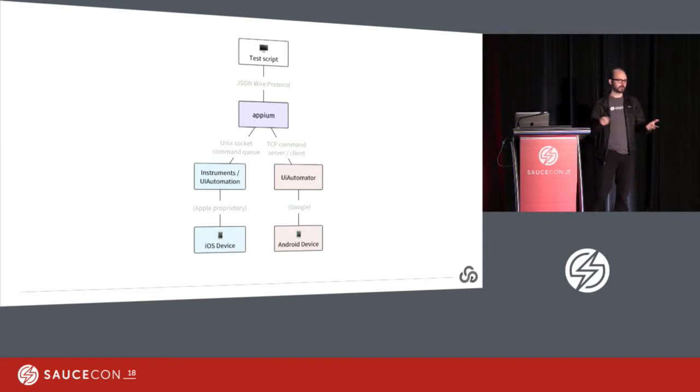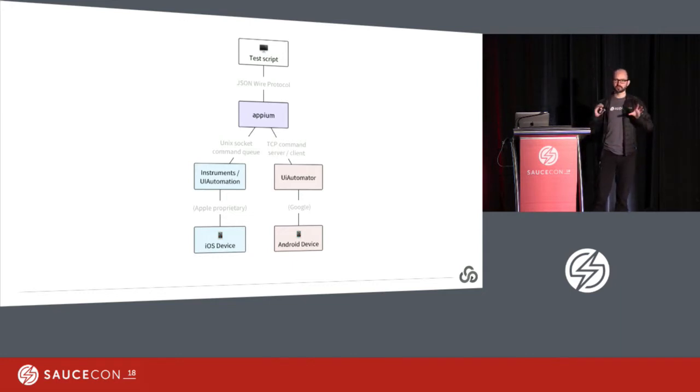So the thing to really observe here is Appium is not this whole picture. Appium itself had a very limited role. And that role was just to translate WebDriver commands from your test script into whatever we needed to do to make things happen on the device. And it just so happened for iOS, it was Instruments and UI Automation, and for Android, it was UI Automator.